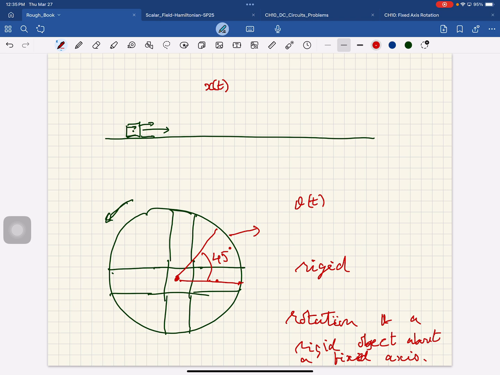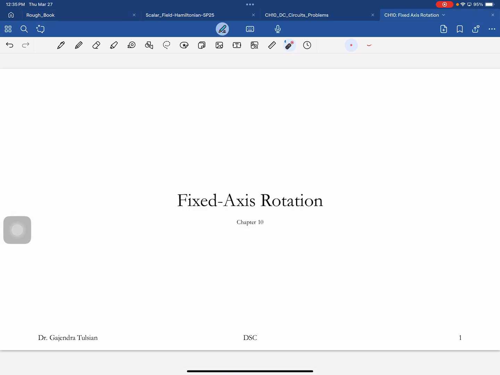And then you'll see that all the equations describing the motion of this object will be very similar to those for linear motion. Essentially what you studied over 9 chapters, you'll study for rotational motion in 2 chapters. All right, so with that in mind, let's get on into the slides.